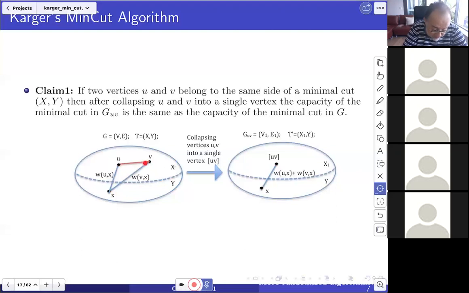So clearly, if you contract, the edge UV disappears, but it doesn't belong to the min cut. And the two edges that might belong to the min cut, if they connect U and V with a point x on the opposite side, will change, but they will be replaced by a single edge of exactly the same capacity. So clearly the sum total of capacities of all edges that cross the min cut will be exactly the same. So the capacity of the min cut will not change.